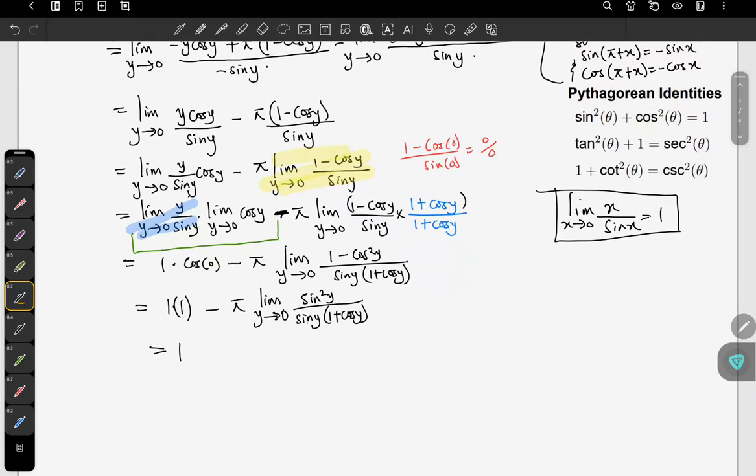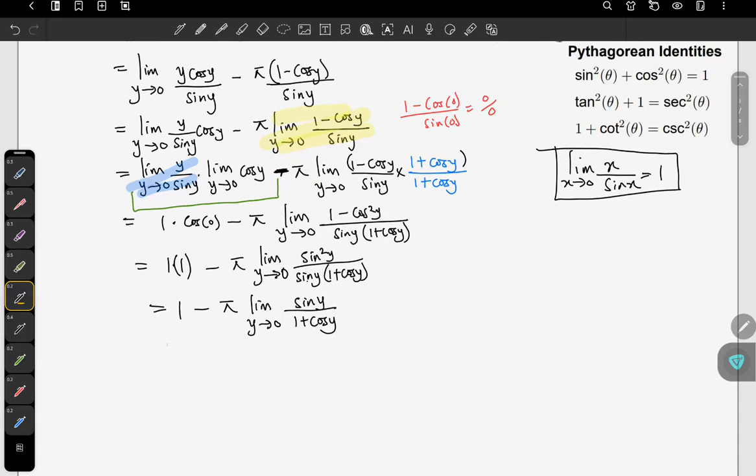So this is 1 minus pi, the limit as y goes to 0 of sine y over 1 plus cos y. Now we can plug in y equal to 0. That will be 1 minus pi times sine 0 over 1 plus cosine of 0.